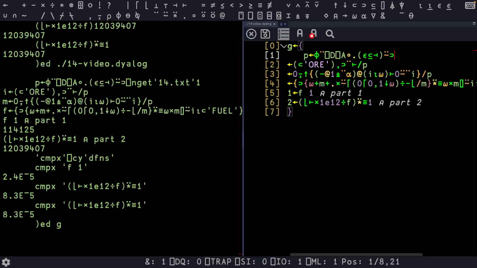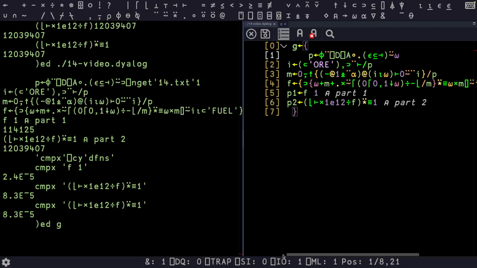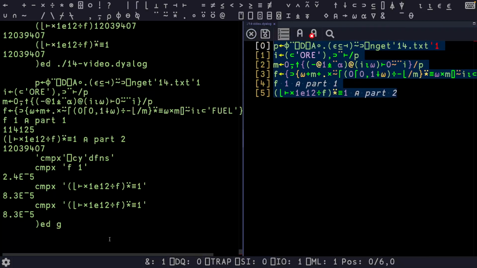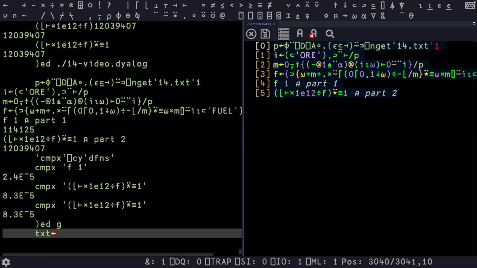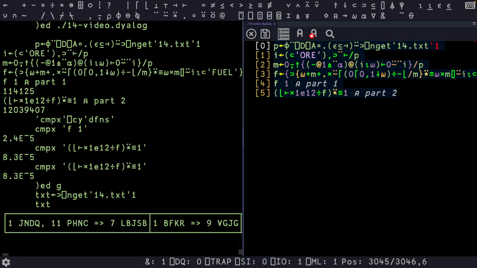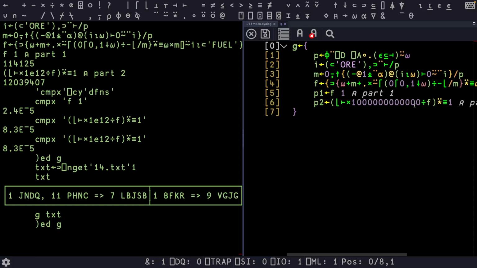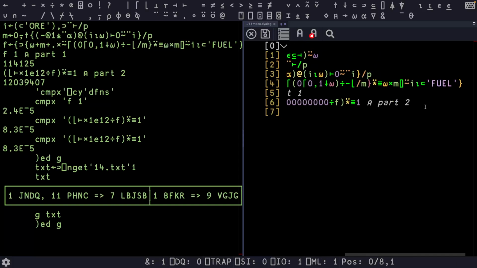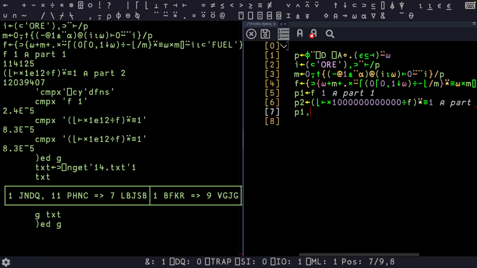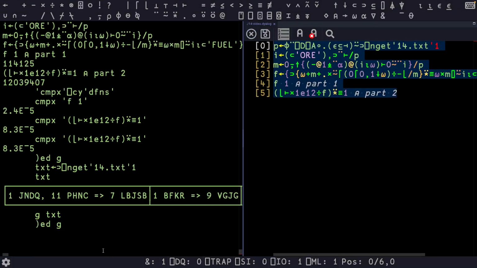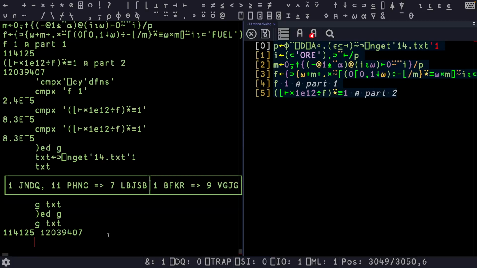And I'm going to take disk access out of the equation. So we'll do like this. Okay. And then if I say txt is equal to 14.txt1, that's our input. And if I do g on txt, oh, interesting. Oh, yes, right. I do need to output these values. Yeah, I get the correct answers.